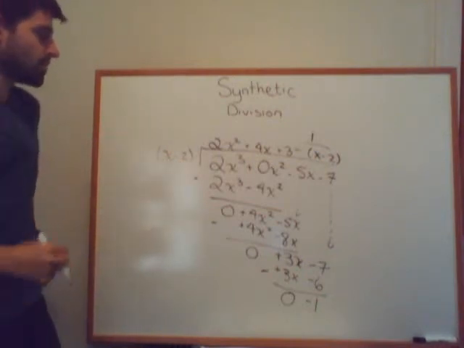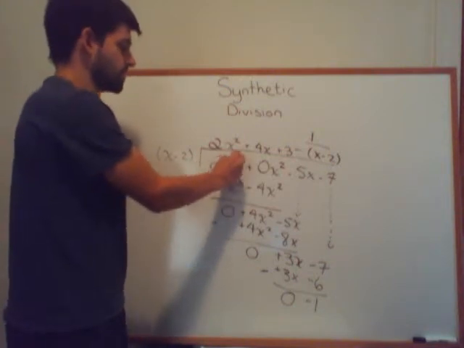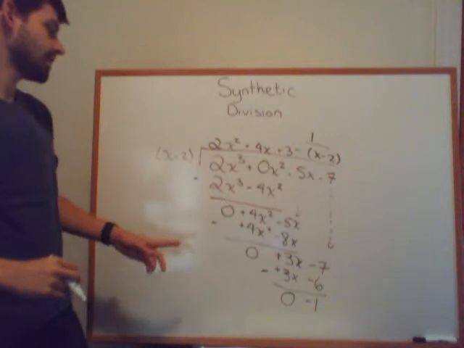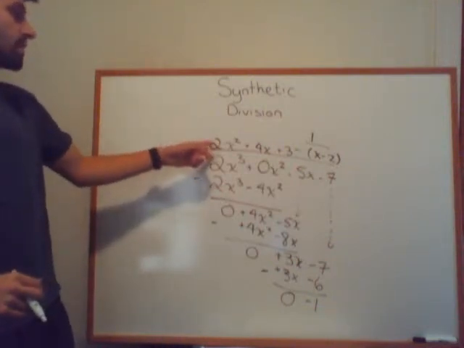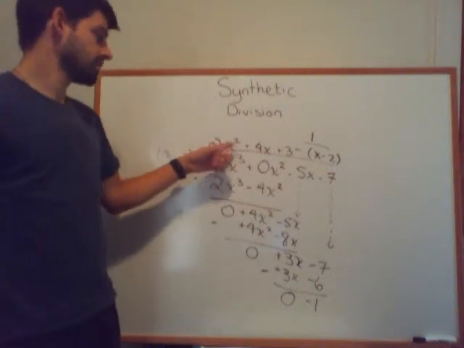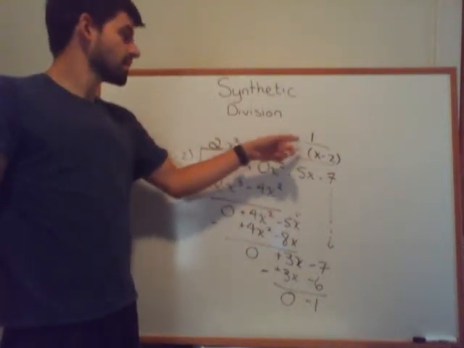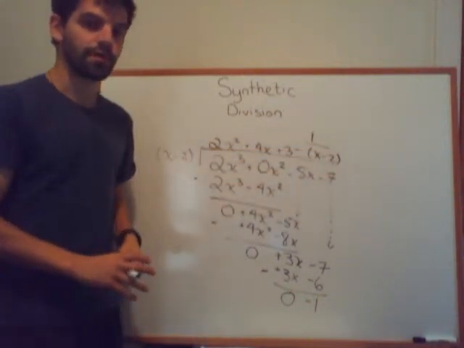Okay? So our answer for the polynomial 2x cubed minus 5x minus 7 divided by x minus 2 is going to be the expression 2x squared plus 4x plus 3 minus 1 over the quantity x minus 2. Okay?